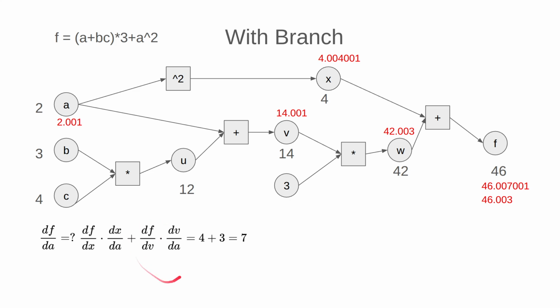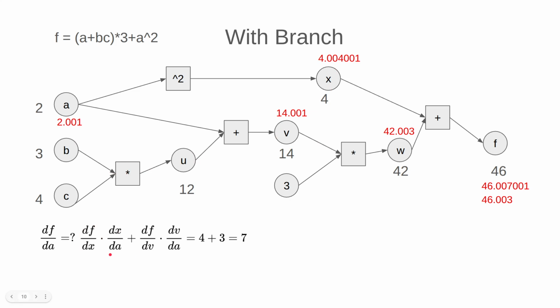Actually, we need to add this value into the existing gradient. So that means that before we start the back propagation, we need to clear the gradient of all variables in the computational graph to 0, so that we can always add to the gradient instead of replacing it.